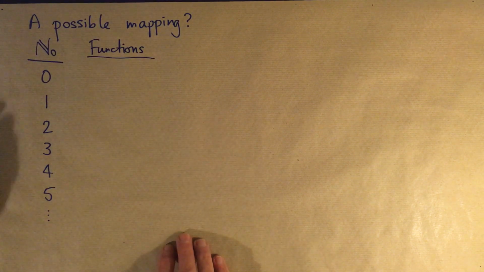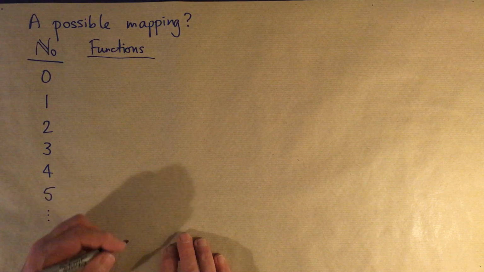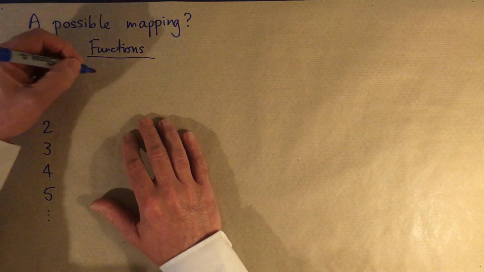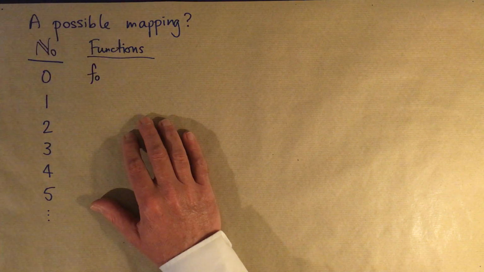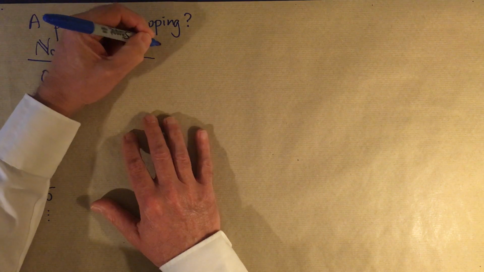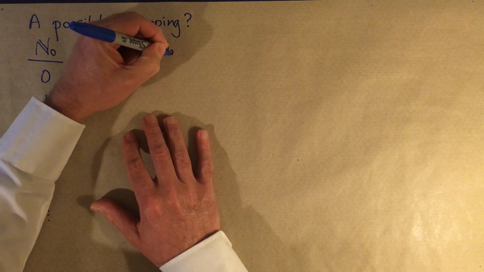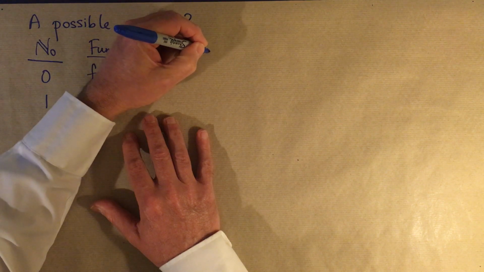Now, if you remember, the way that we specify a function is that we specify it as a list of pairs from inputs to outputs. So I'll call my first function f0 of n. These are the functions that map a natural number onto a natural number.